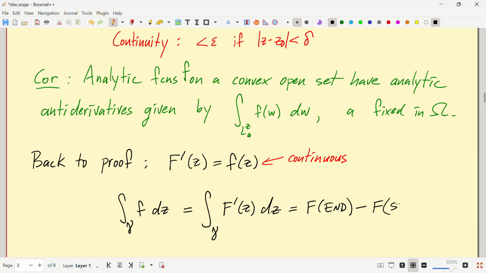And of course the end is equal to the start when gamma is closed. And so that would be 0. So I just proved the Cauchy theorem by coming up with an antiderivative.